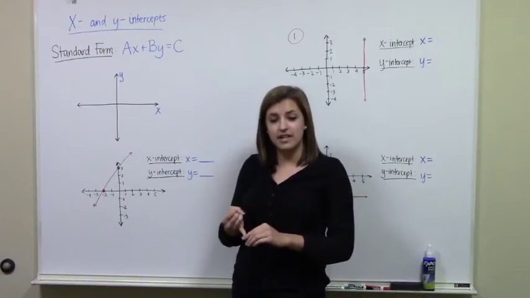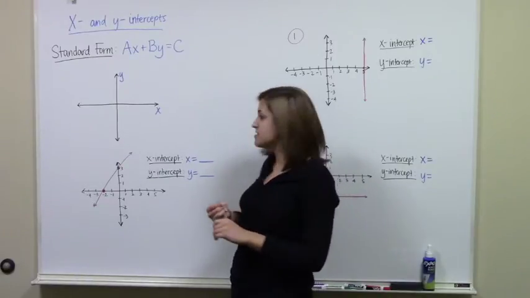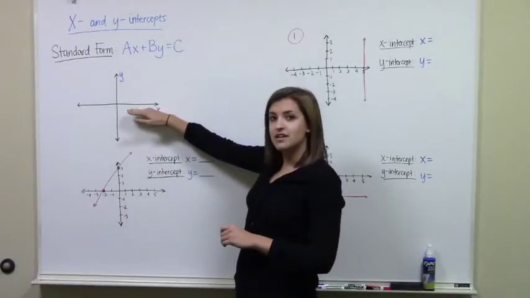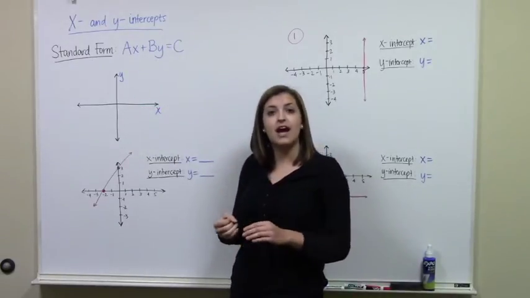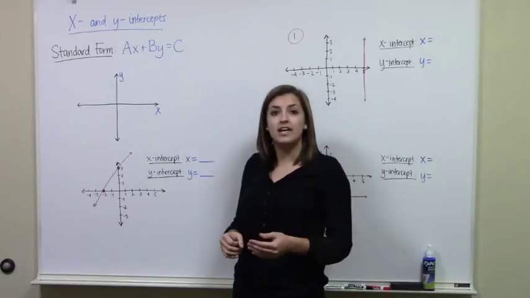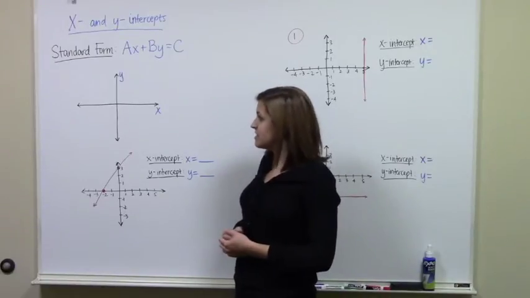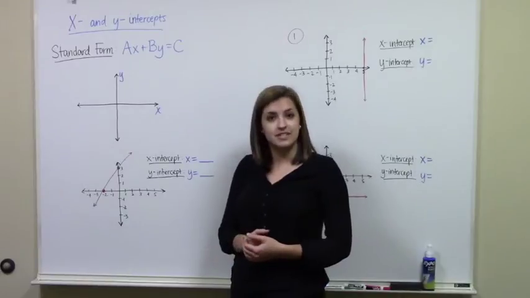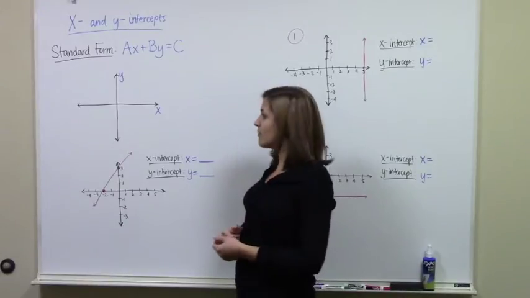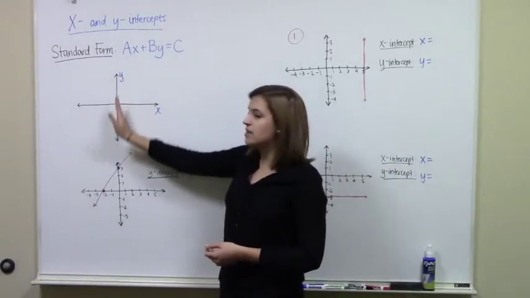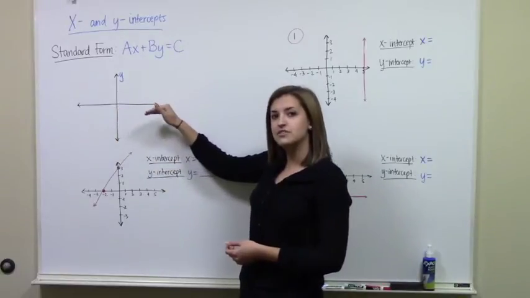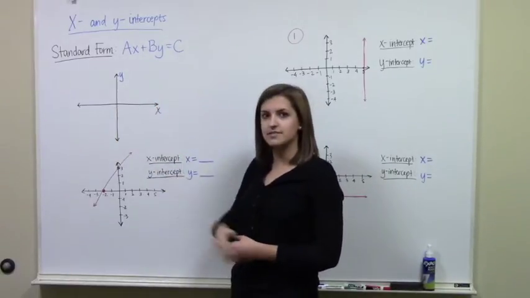So specifically, our x-intercept falls on our x-axis. So our x-intercept is our x-coordinate when y equals 0, and our y-intercept is our y-coordinate when x equals 0. So our y-intercept will always fall on the y-axis, and our x-intercept will always fall on the x-axis.